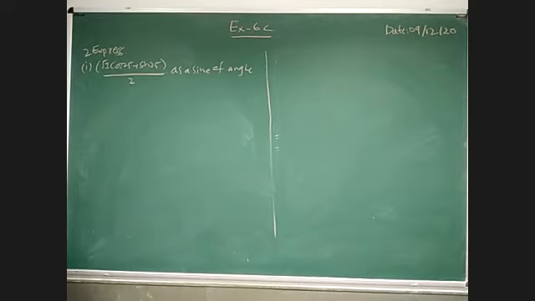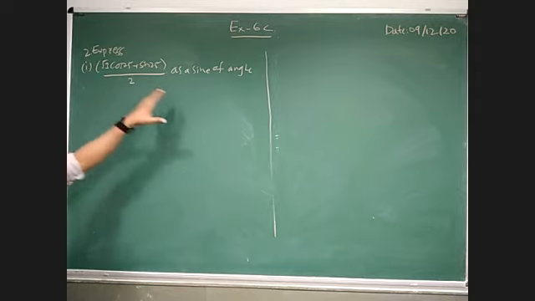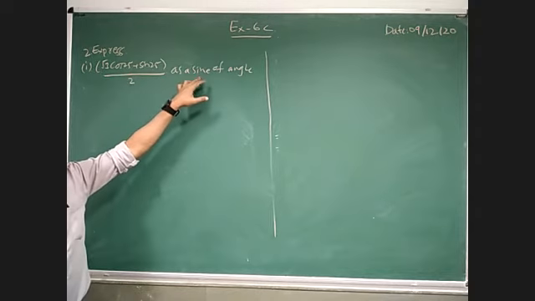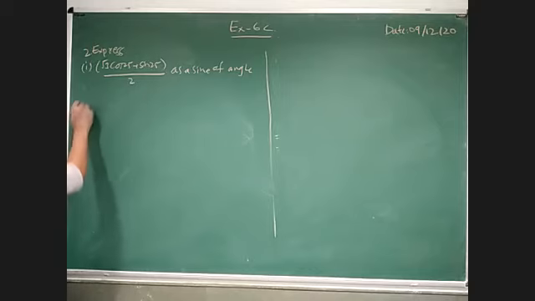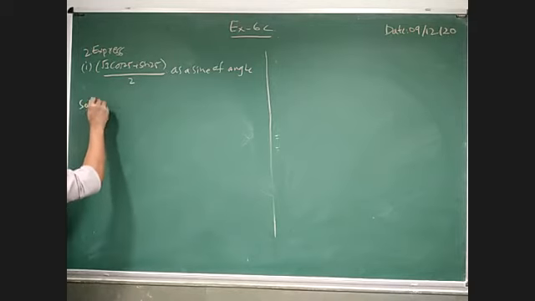Okay, now just see what we have to do here. We have to write these terms into one single form, and that should be in sine form. So here, just see how I'm going to convert.